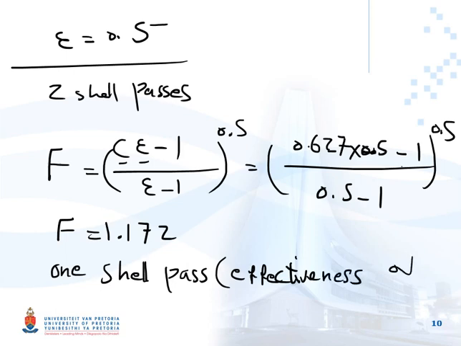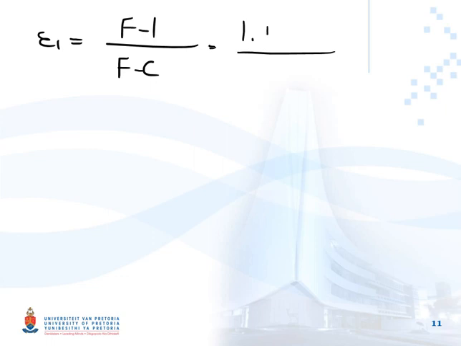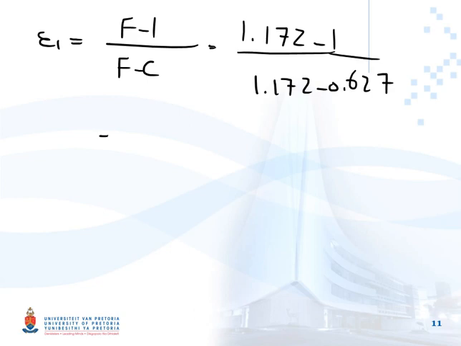This one can easily be calculated as epsilon 1 equal to (F minus 1) over (F minus C), so basically 1.172 minus 1, over 1.172 minus 0.627, and the final answer will be 0.315.